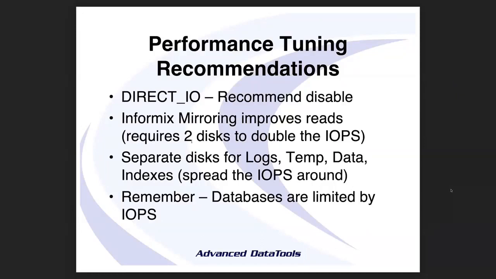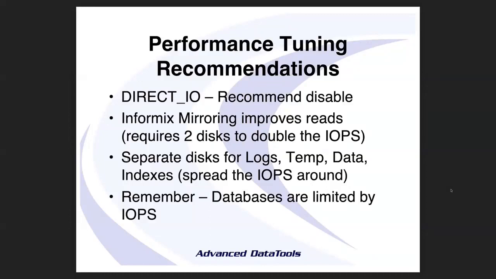Most workloads are 75% reads. And so having Informix mirroring means you can go with 2 disks of, let's say, 3,000 IOPS and get the same performance of one more expensive disk of 6,000 IOPS. And so that is, I think, a good idea.